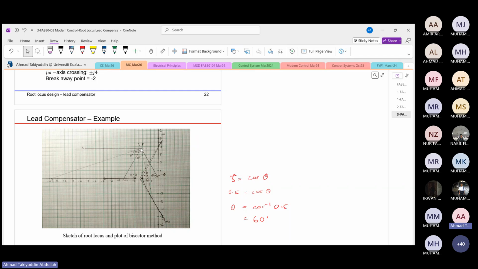With that new dominant pole, you are going to have the line from that new dominant pole to the origin and a straight horizontal line to the left of that new dominant pole. So this is the way you can consider the ZC and PC by using the bisectional method. So we are now dealing with the lead compensator by using this bisectional method.